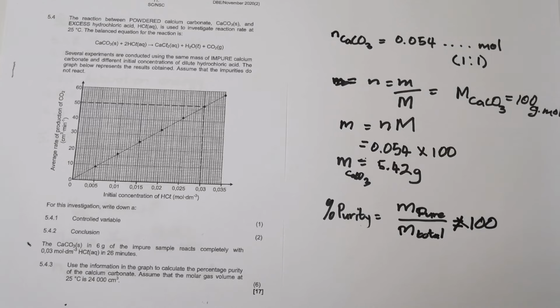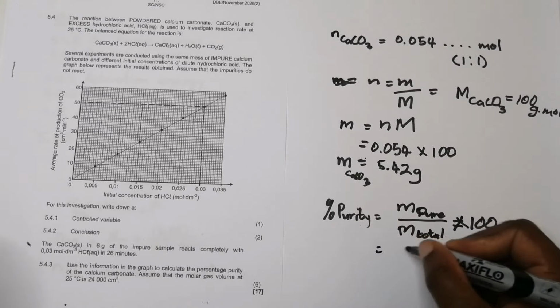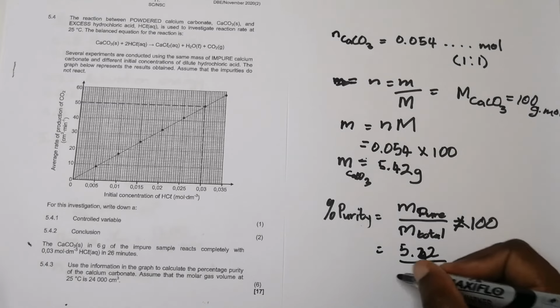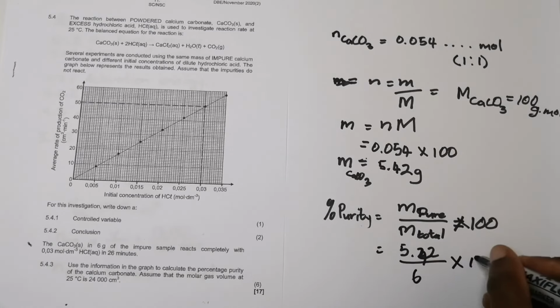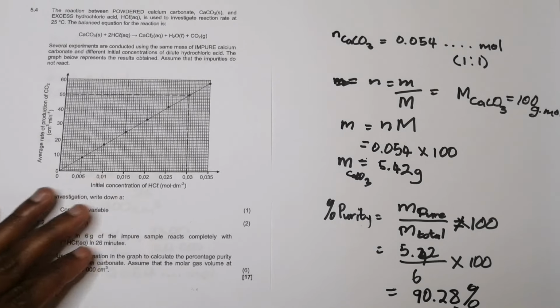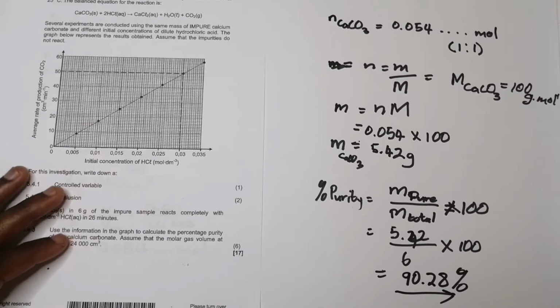So I take 5.42 divided by the total mass, which was given as 6 grams, and I multiply that by 100 because I need to express it as a percentage. I find that my percentage purity is 90.28%. That is the amount that I get in terms of percentage purity.